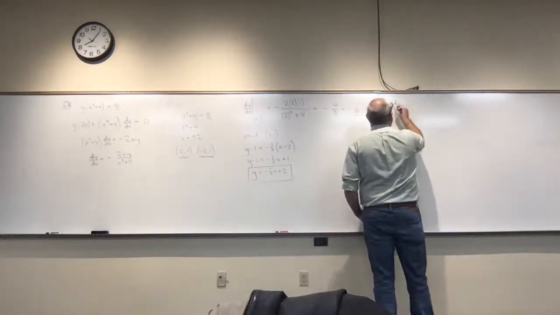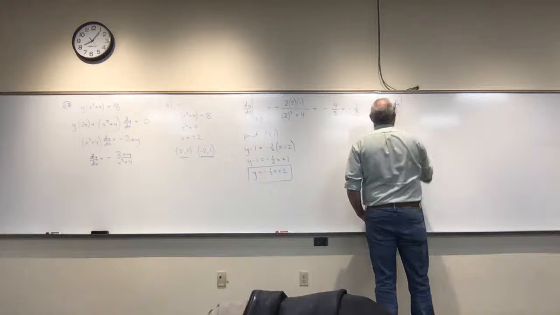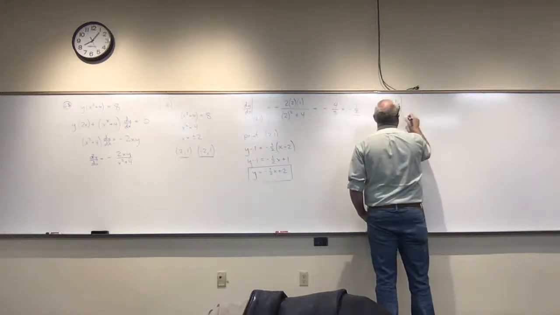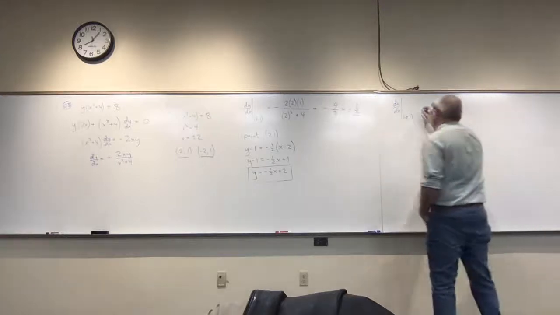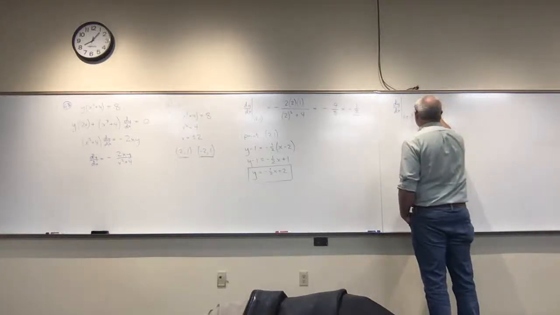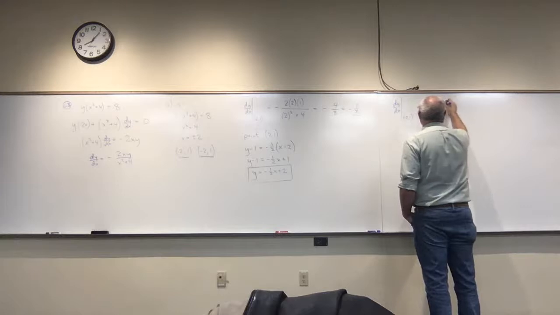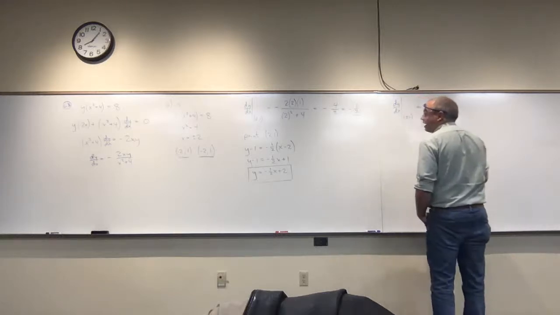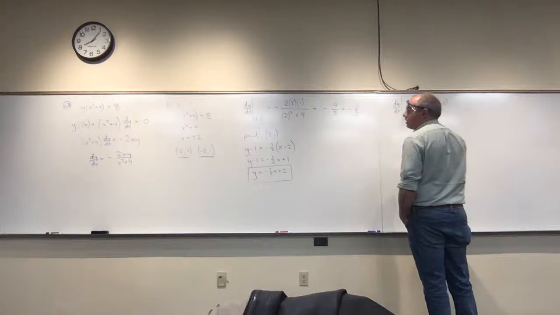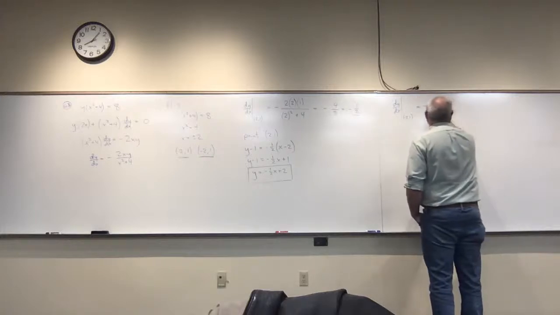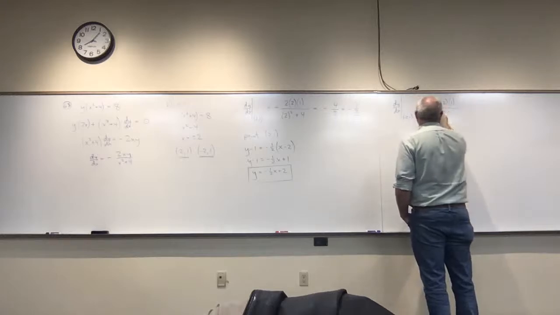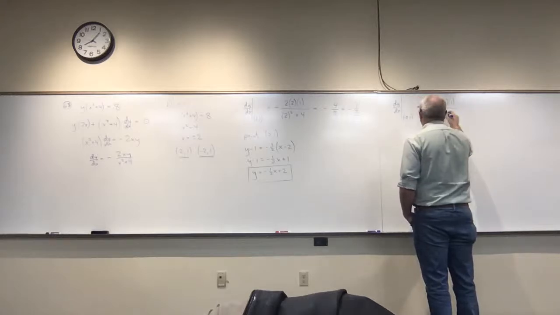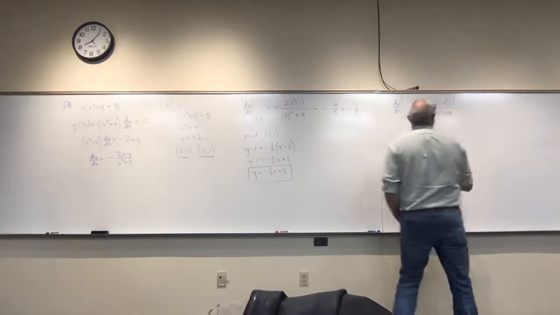So let's evaluate dy dx at minus 2, 1. If I do, I get negative 2 times x, which is minus 2, times y, which is 1, divided by x squared, which is 2 squared, plus 4.